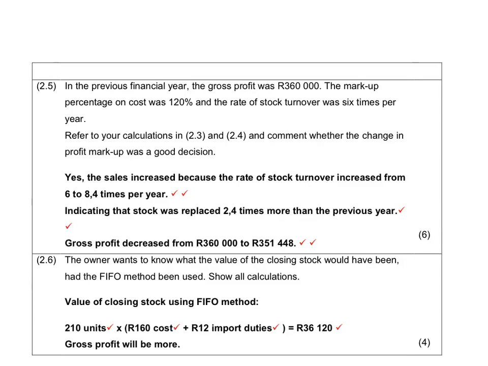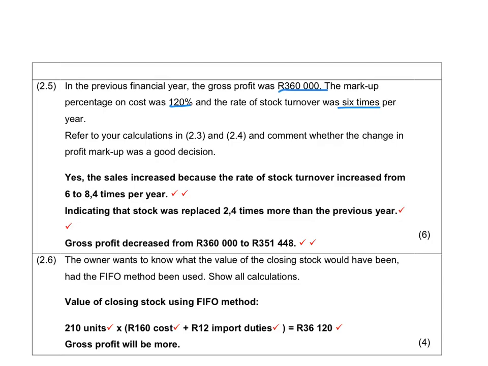In the previous year, the gross profit was 360,000. The markup percentage on cost was 120%, and the rate of stock turnover was 6 times per year. Now we have to refer to the information that we've calculated to see if it was worth changing the profit percentage.